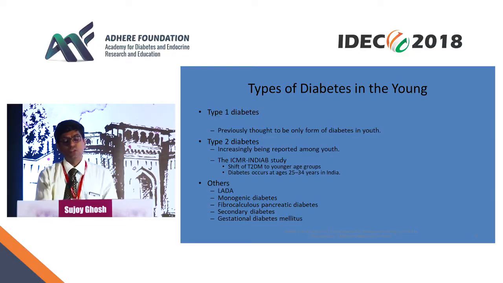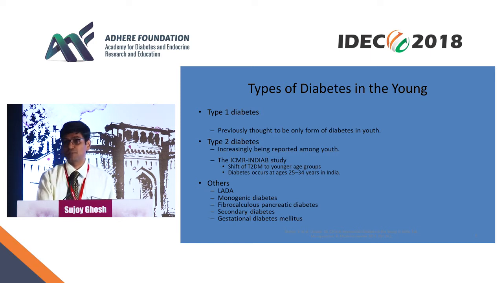Even though type 2 diabetes is probably the most common type in the elderly population, or at least individuals beyond age 30, 35, whatever the causes of diabetes in the younger generation, even a population prevalence of 1% would mean huge numbers in terms of India's population of 127 crores.